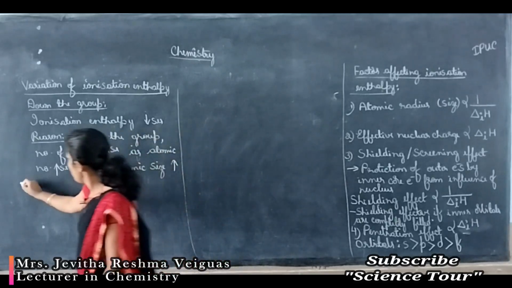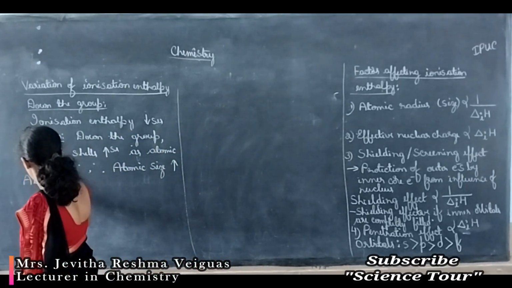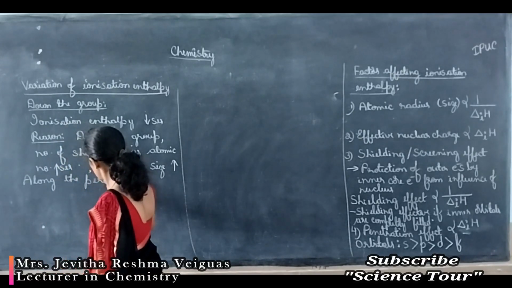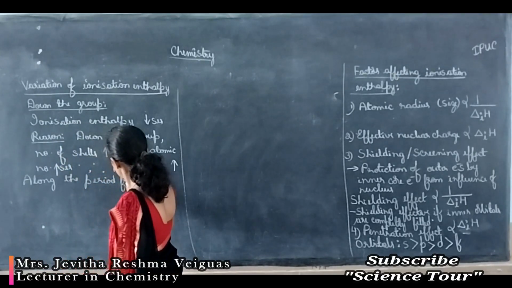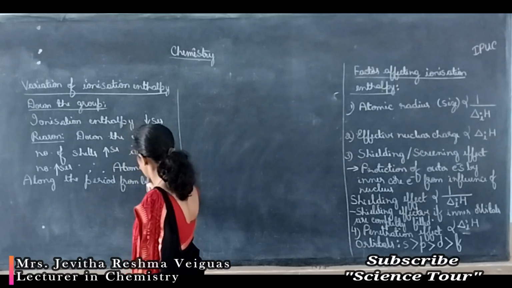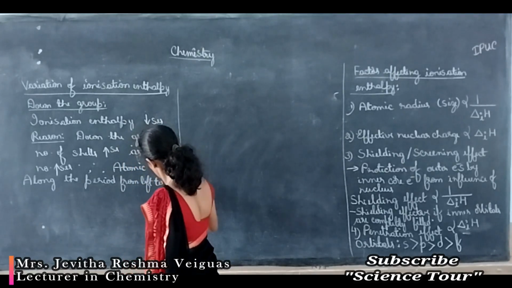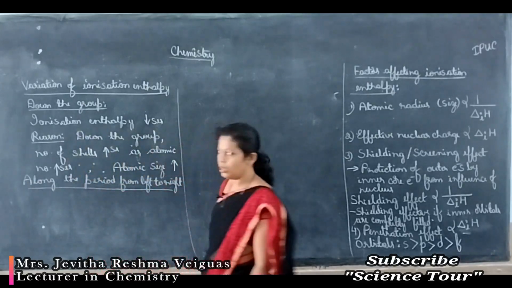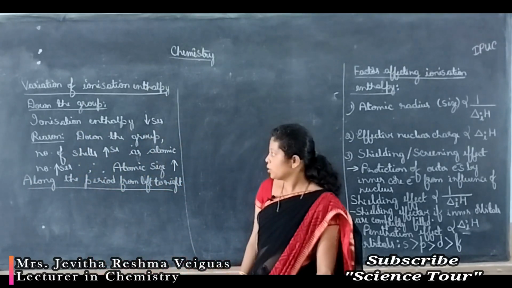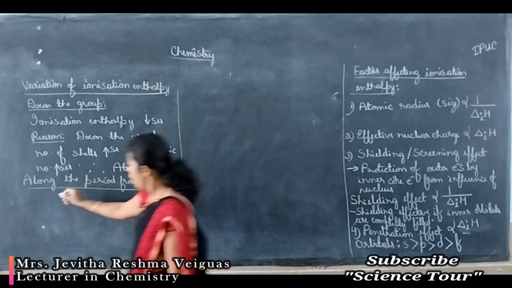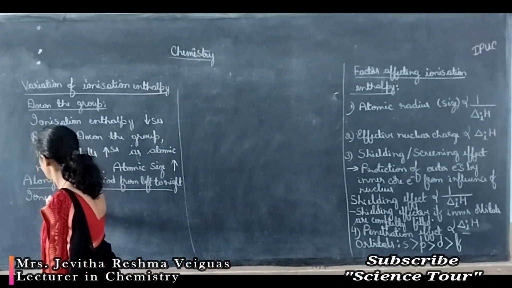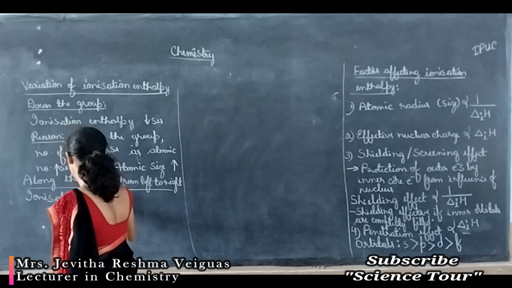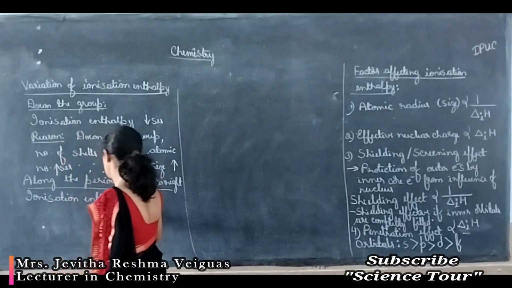Along the period, what happens? As you move along the period, from left to right in the periodic table, what happens to the ionization enthalpy? As you move along the period from left to right, ionization enthalpy increases.